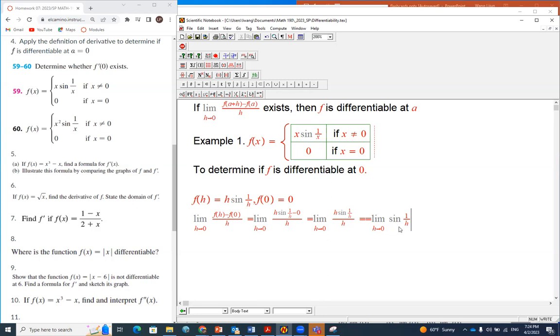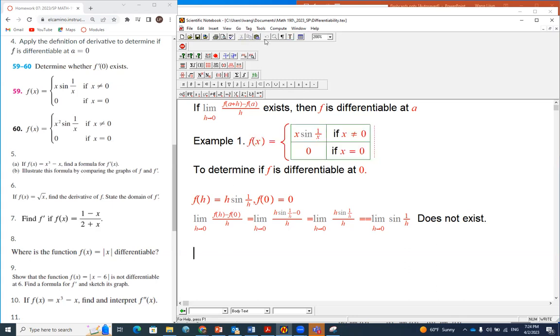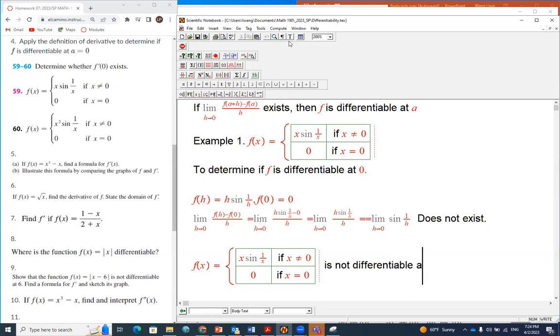As sine of 1 over h is fluctuating between -1 and +1, this limit does not exist. If this limit does not exist, it tells us by definition that f is not differentiable at 0.